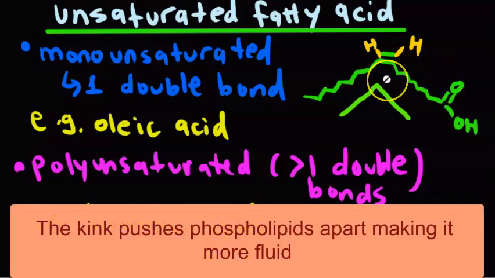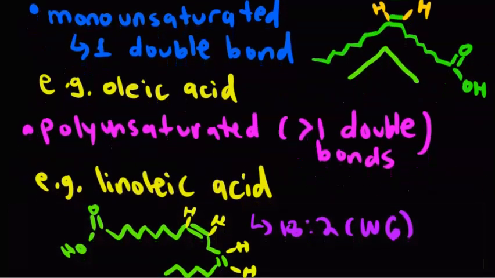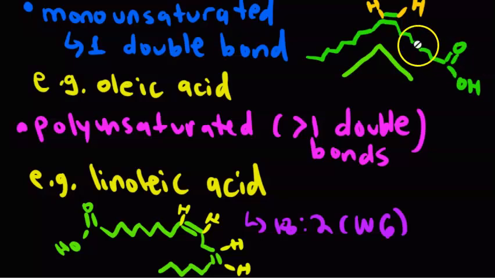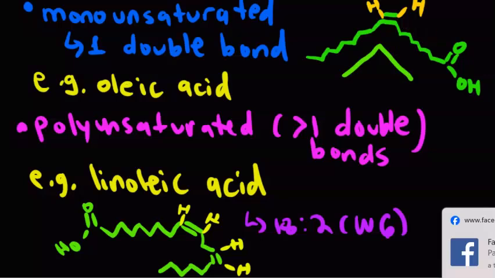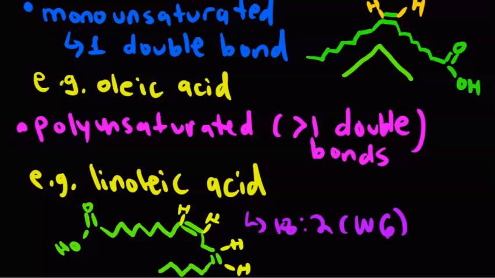Now notice how in both oleic acid and linoleic acid, the hydrogens are on the same side of the double bond. Okay? So this makes it cis, C-I-S.